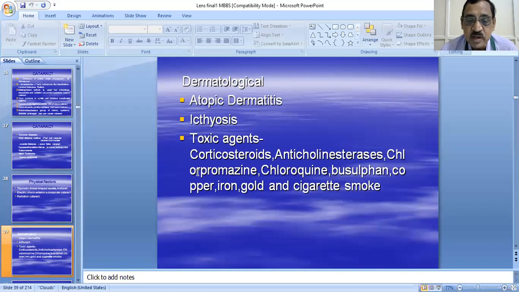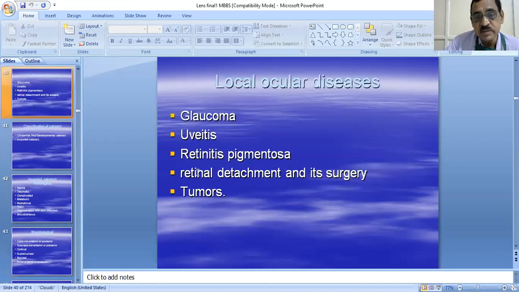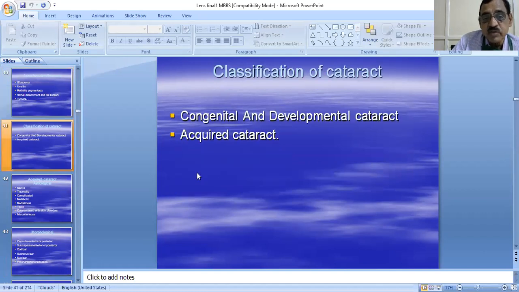Chloroquine, busulfan, and copper in case of chalcosis, and iron in case of siderosis. Gold and cigarette smoke, all these things can cause cataract. These are the various etiological factors. Local ocular diseases such as glaucoma, uveitis, retinitis pigmentosa, retinal detachment and its surgery also, and intraocular tumors can give rise to cataract formation.